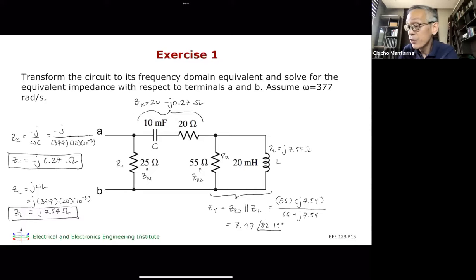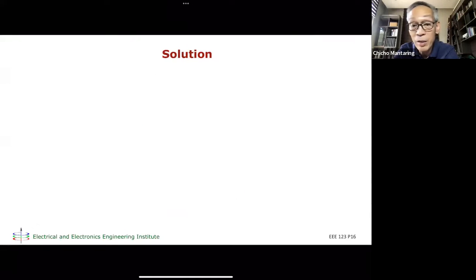That's right. So Z_X and Z_Y are now in series. So I'm going to have my 25 ohms here. Then here I have Z_X, and here I have Z_Y.